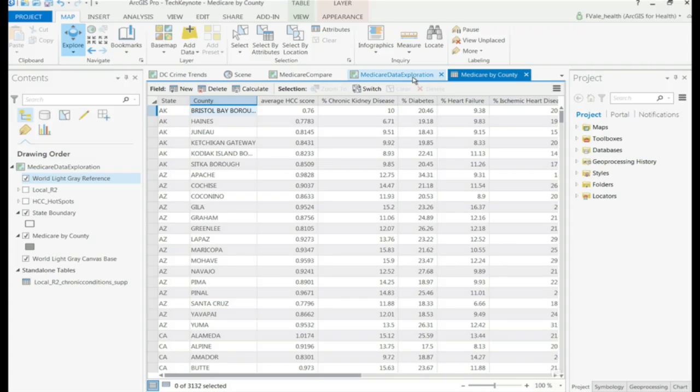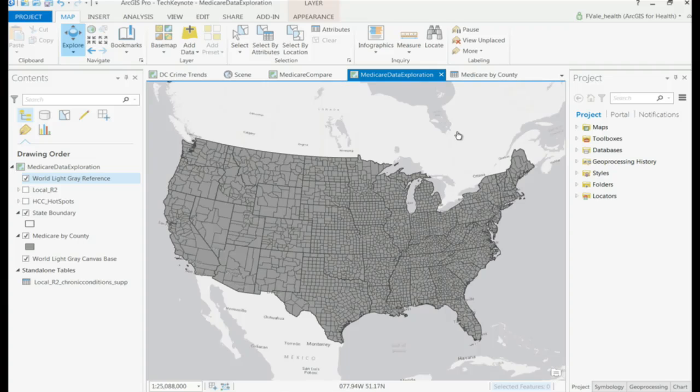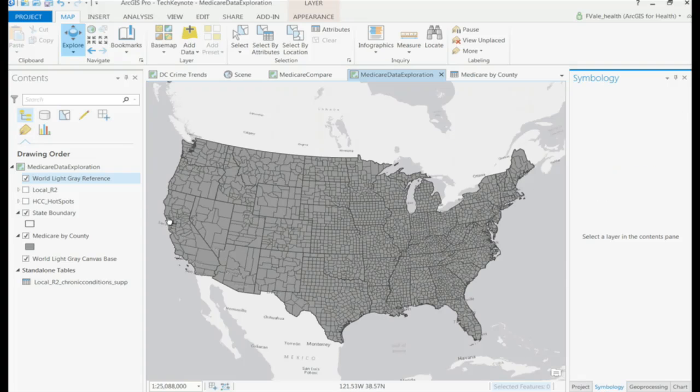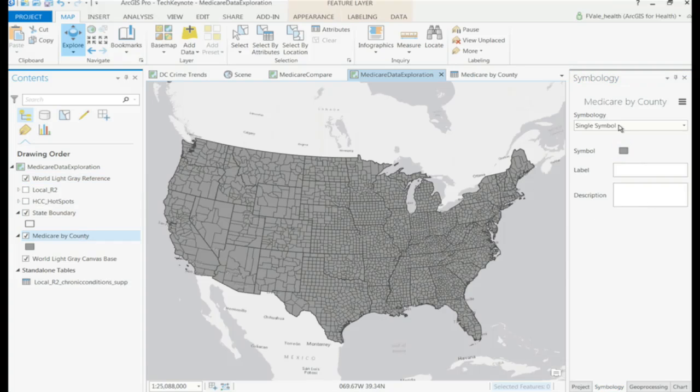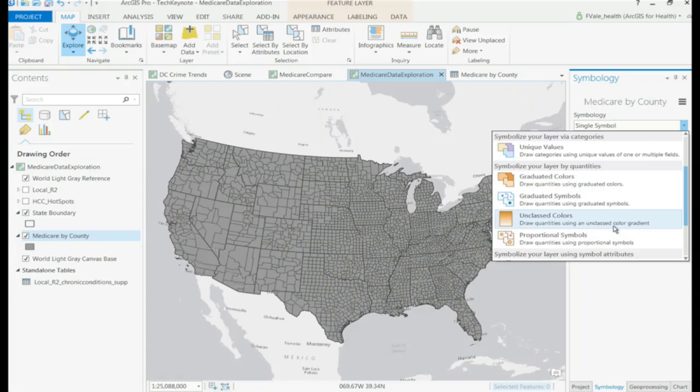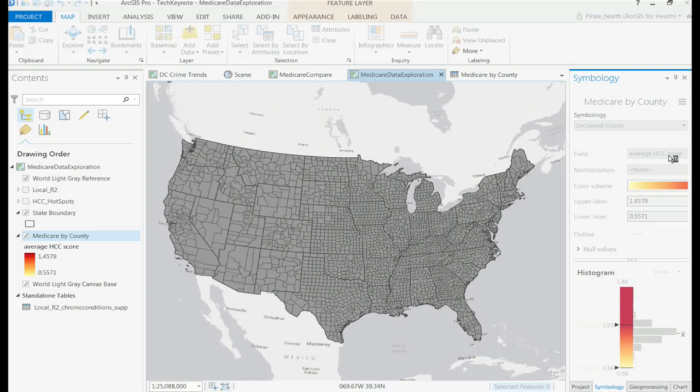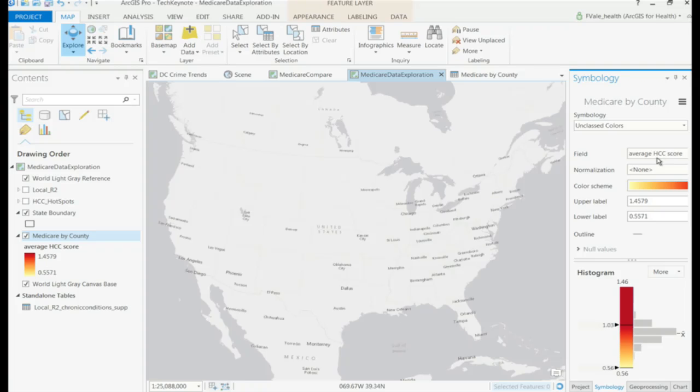And we have that map here. And so I want to understand the spatial distribution of some of these variables. So I'm actually going to employ some of our new smart mapping technology to take a look at the health of the population. I'm going to use the unclassed color render and take a look at average HCC score.